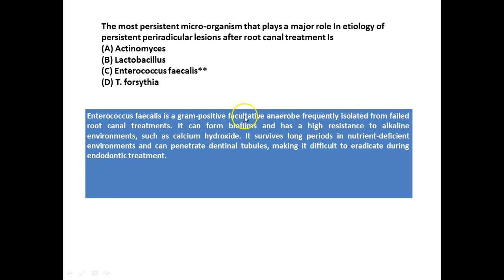Mostly you can see it in failed root canal treatments or in retreatment cases. They form biofilms which are highly resistant to alkaline environments like calcium hydroxide, and they survive for long periods in nutrient deficient environments. They can penetrate dentinal tubules, making it difficult to eradicate during endodontic therapy.